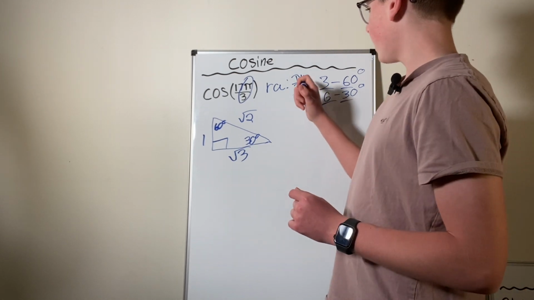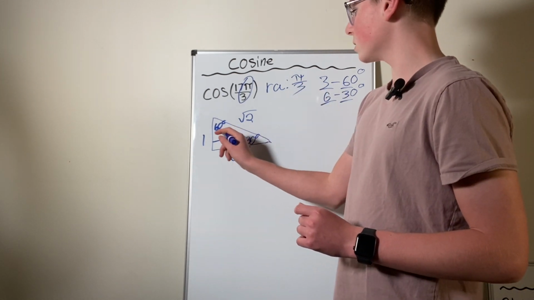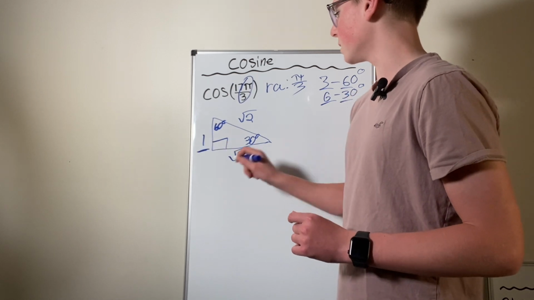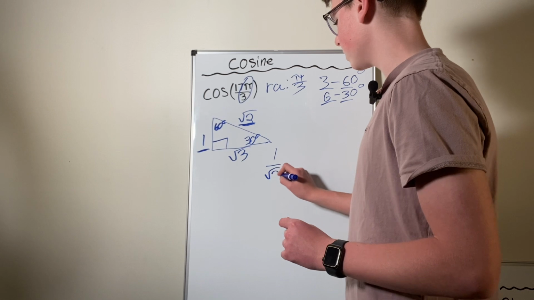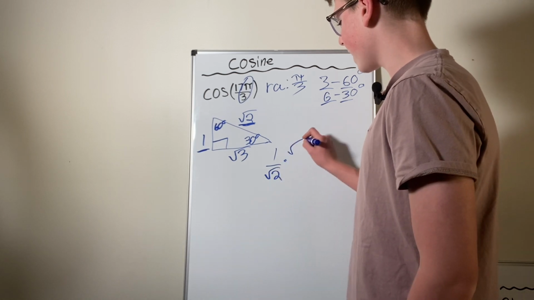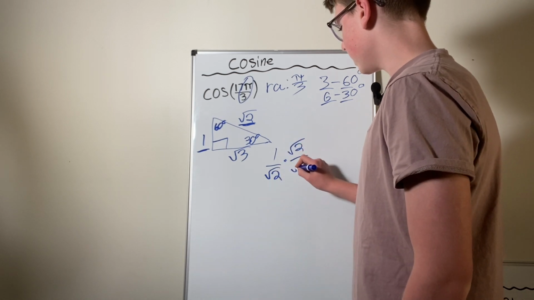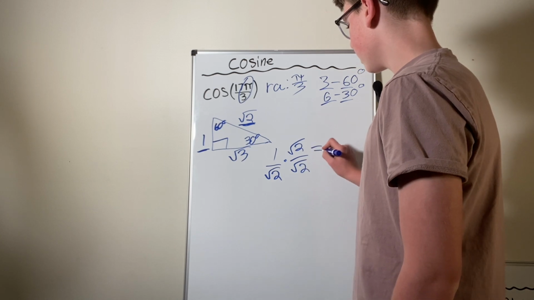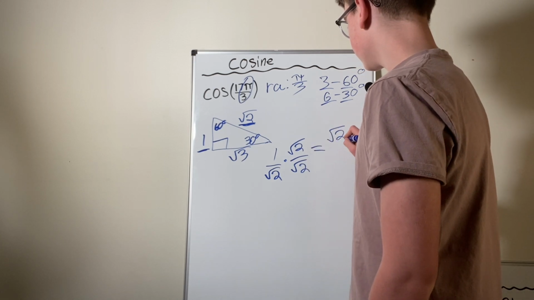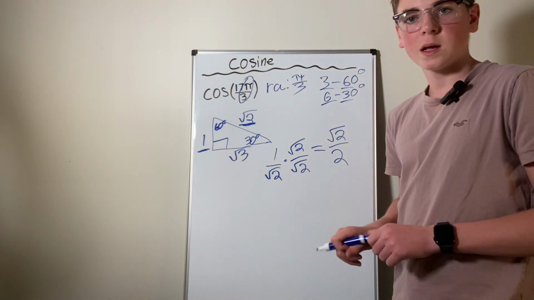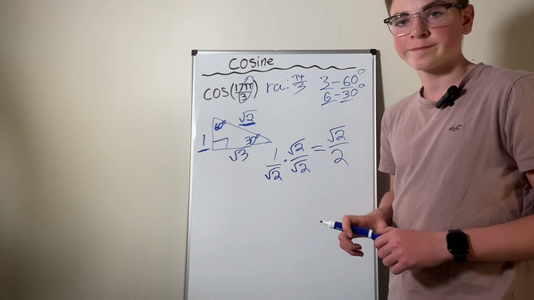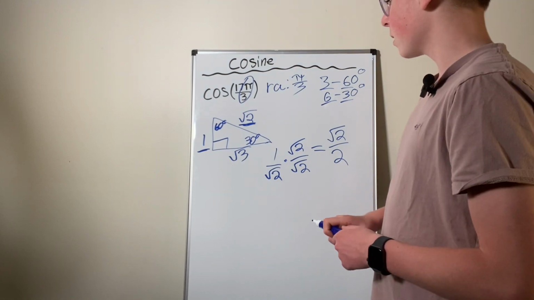So pi over 3 is 60 degrees, and then the cosine is adjacent over hypotenuse. So it's 1 over root 2. And again, you have to rationalize. I know, not fun, equals root 2 over 2. Isn't that funny? That's the same as we just got for the other one. Didn't plan that.